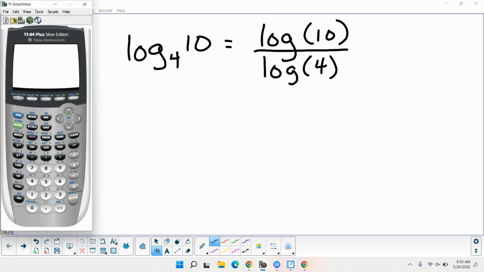All right, so just remember to close up your log, because when you hit the log button, it gives you that left parenthesis. So close it off, and the bigger number stays up top, and then the base stays in the basement or the bottom. All right, so 1.661.